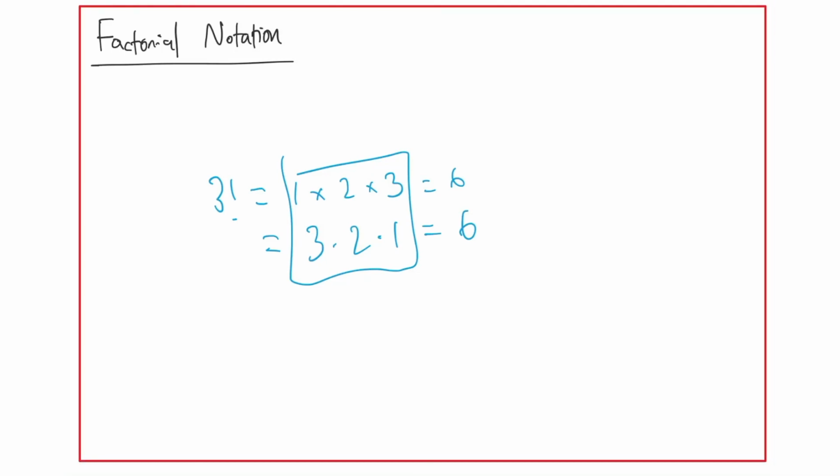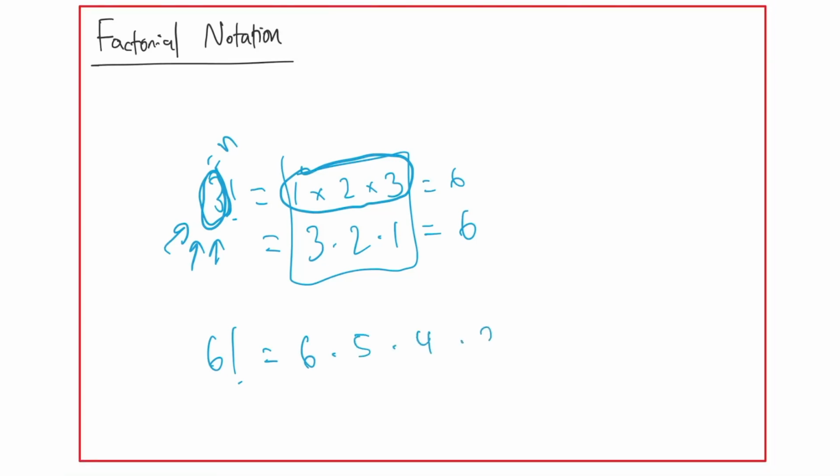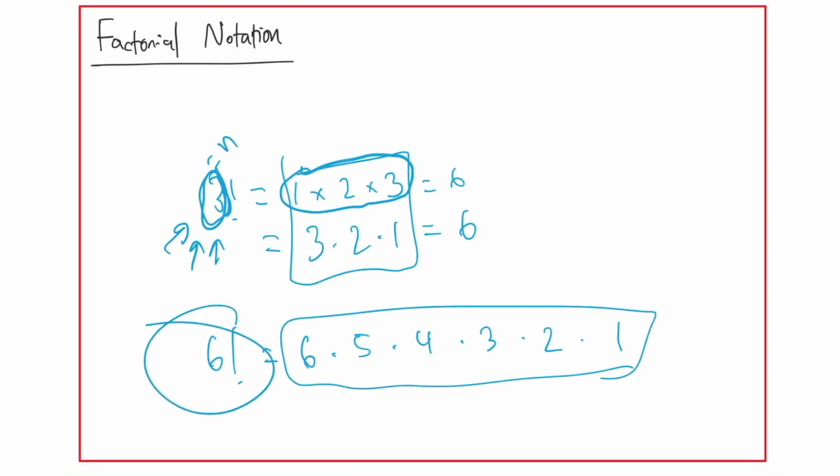It's the product of the first n natural numbers, and in our case, n is 3. 6 factorial would be 6 times 5 times 4 times 3 times 2 times 1, the first 6 natural numbers.